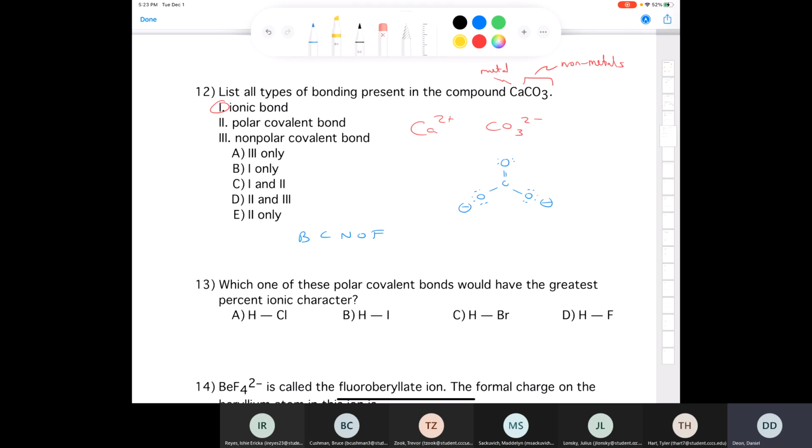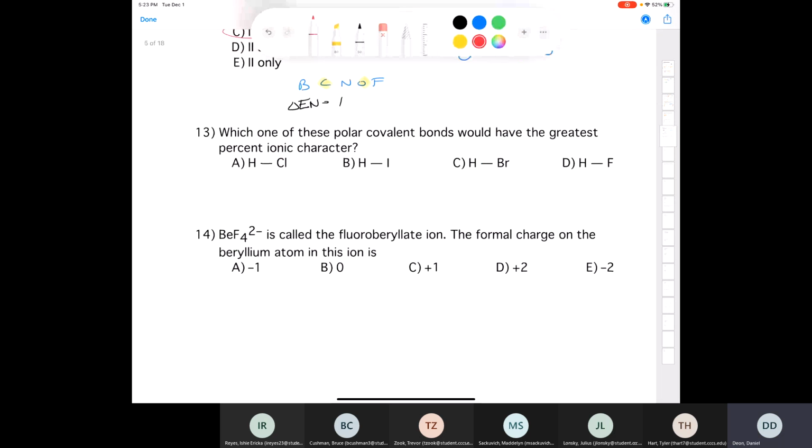You can clearly see there is a difference in electronegativity between carbon and oxygen. In fact, the delta EN is around 1, 2.5 for carbon and 3.5 for oxygen. So that's a polar covalent bond. And therefore the answer is C. It has both 1 and 2. It has both ionic and polar covalent bonding in calcium carbonate.